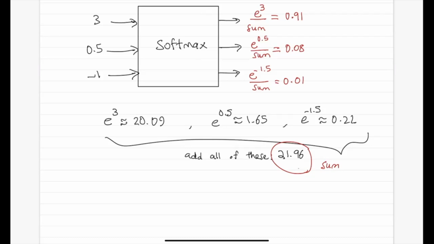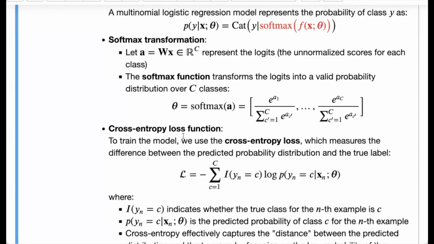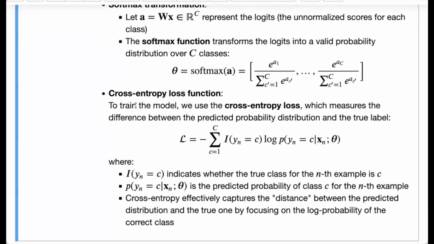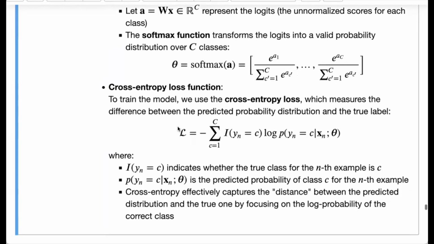So let's see how this works if we have multi-class classification problems. The cross-entropy loss function in this case can be written as a summation over the different classes that we have. And again, we have this indicator function, which tells us whether the true class for the nth example, in this case because we are considering a data set with n data points, is C or not.